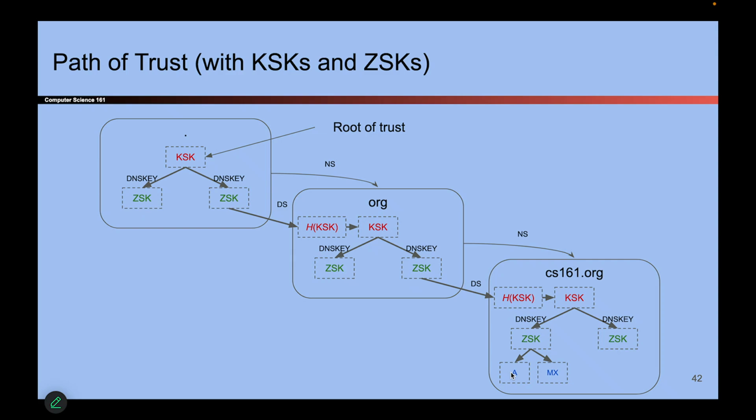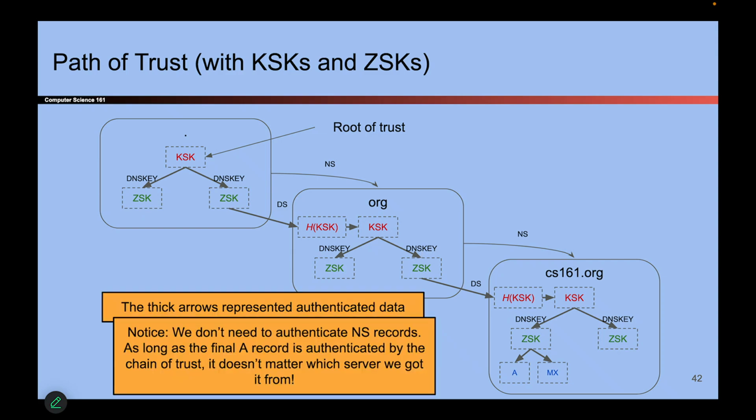So it's the same chain as always, just twice as long. And at the risk of getting even more complicated, one key signing key could technically sign two zones, although it's not shown further here. OK, so that's the chain now twice as long. Great. This is the note that we talked about earlier. You don't have to authenticate NS records because they're not needed for verifying the final answer.